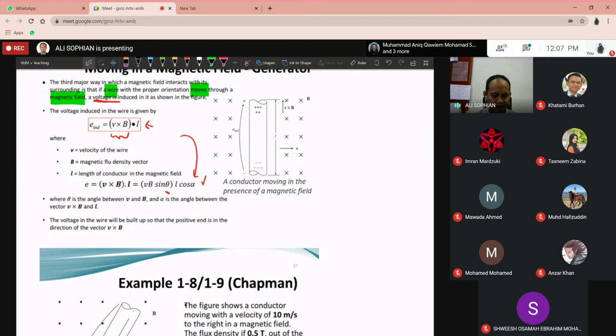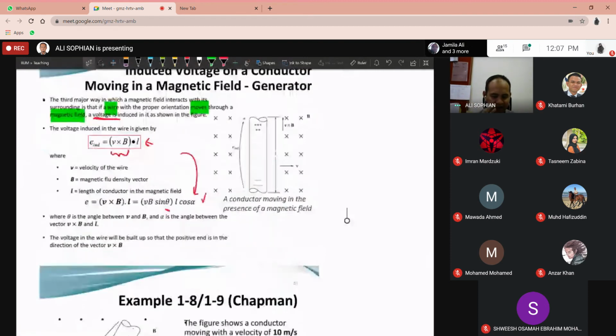Okay, and then you can also use what we call Fleming's right-hand rule. So if you use FBI again, but now use your right hand.